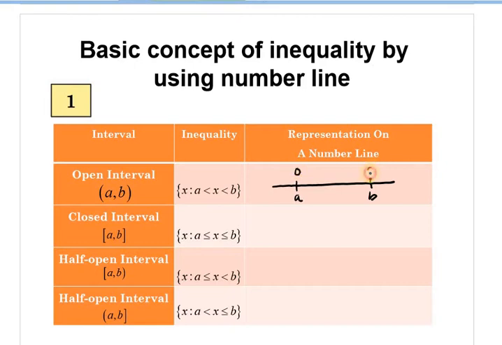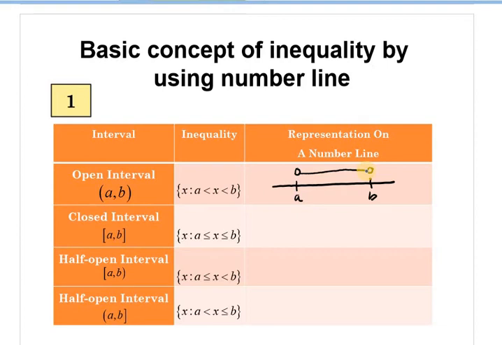B is also not included, so we represent it as an empty circle, because the interval is between A and B, so we just connect these two empty circles. So that's how you represent it on a number line for open interval A to B.